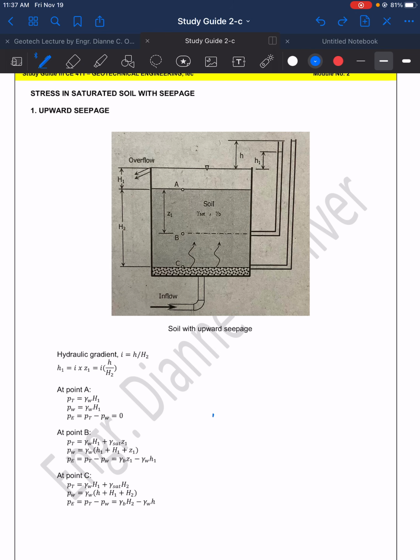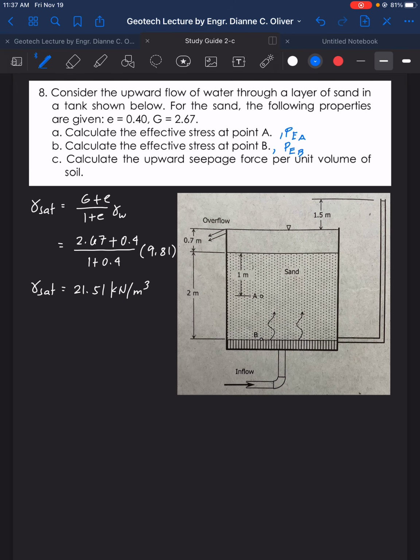So we need the H sub 1 for the pore water pressure. Right? So this is point A. Let's have the tube inserted here. Okay, there you go.